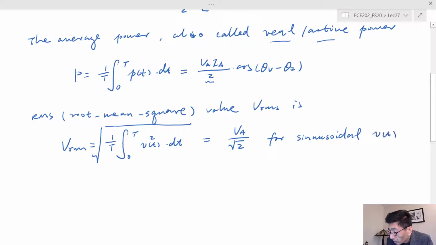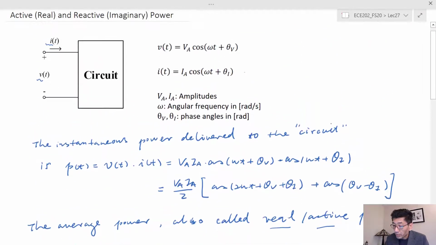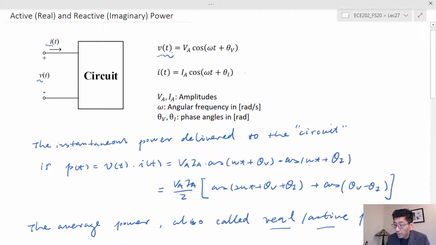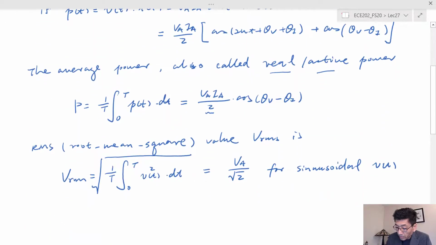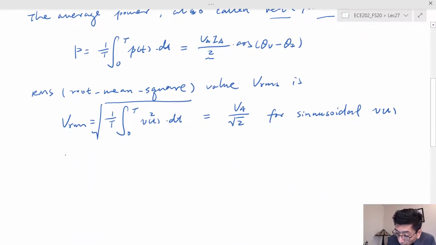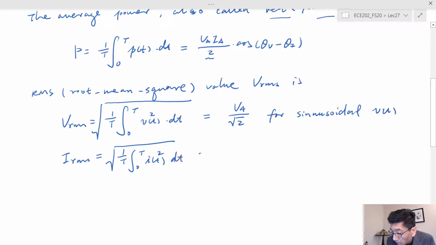And we have a sinusoidal v(t) defined as this. Similarly, we can do the RMS for the current. That is equal to the root of 1 over T integral from 0 to T of i(t) squared dt. If you carry out this integration and take the root, you will get I_A, the amplitude or peak value, divided by square root 2.